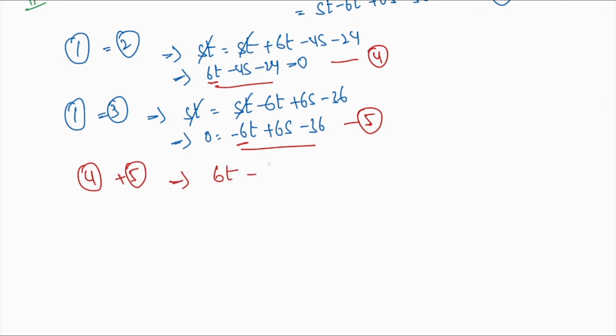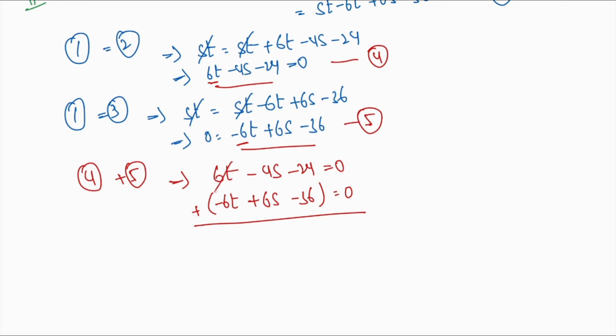So after we add, we will get 6T minus 4S minus 24 is equal to 0 plus of minus 6T plus 6S minus 36 is equal to 0. Here 6T and minus 6T gets cancelled. Minus 4S plus 6S is 2S. Minus 24 minus 36 is minus 60 is equal to 0.